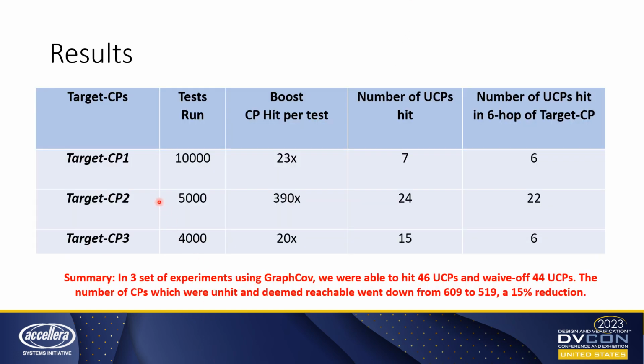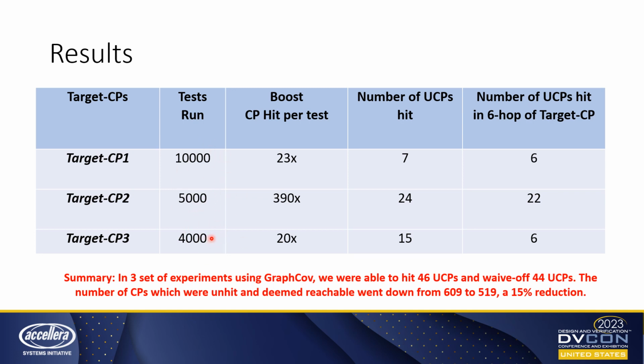So using the GraphCov algorithm, we identified 3 target CPs for a unit level design at NVIDIA. We then used the BayOpt tool to boost the hit rate to those target CPs using specific directed knobs, and we ran about 10,000, 5,000, and 4,000 tests for these targets.